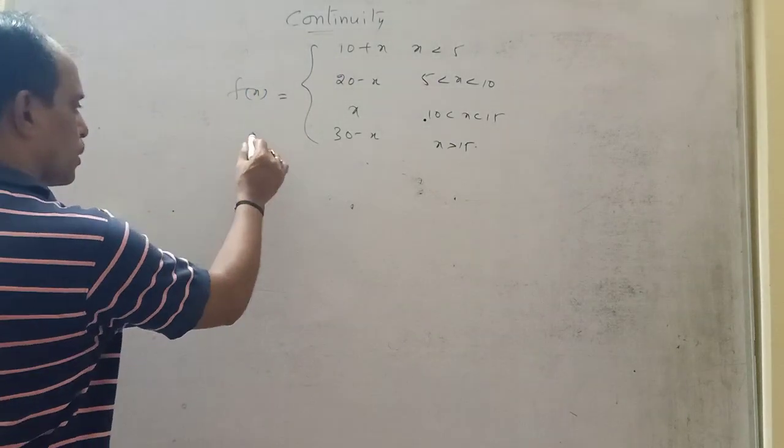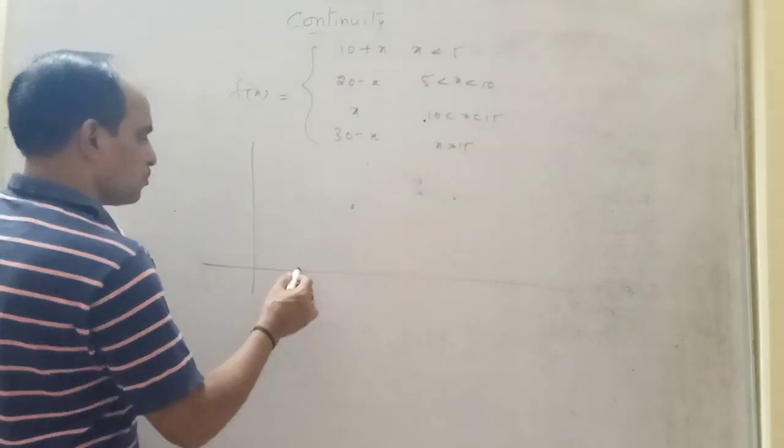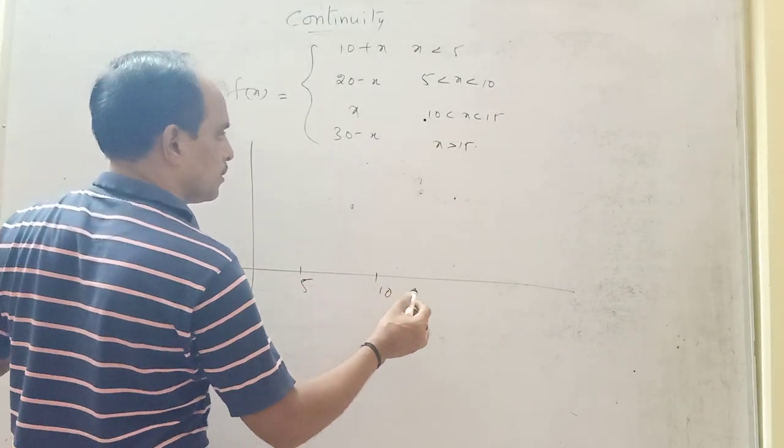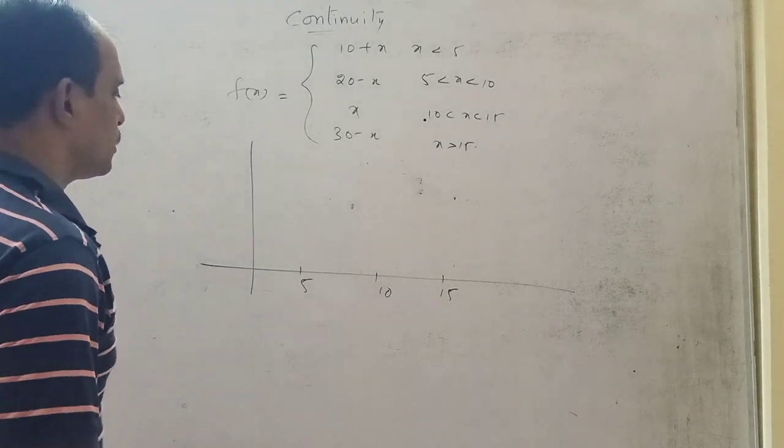So what about the graph? It is 5, 10 and 15. These are enough.